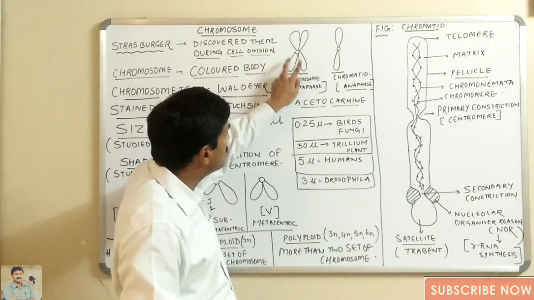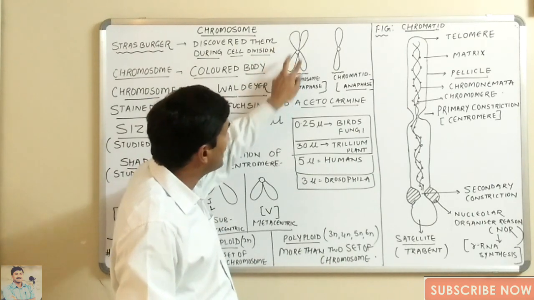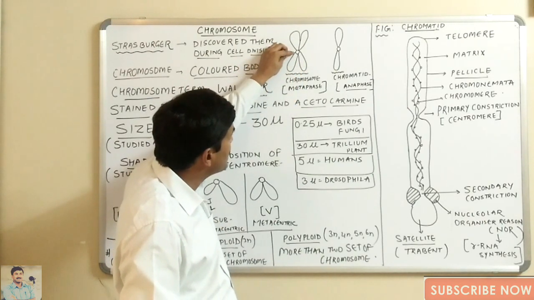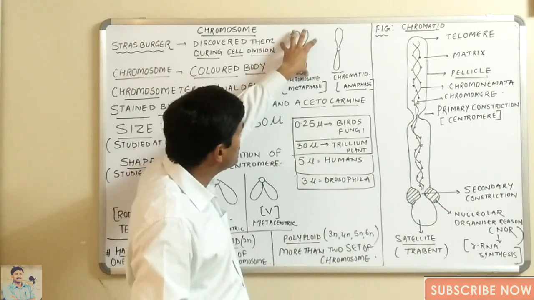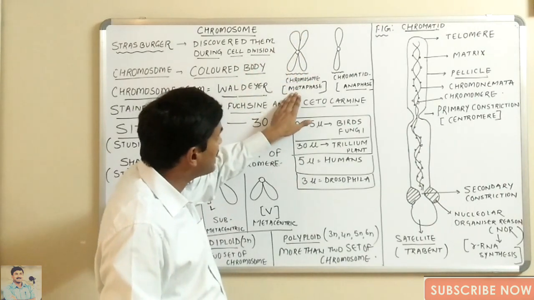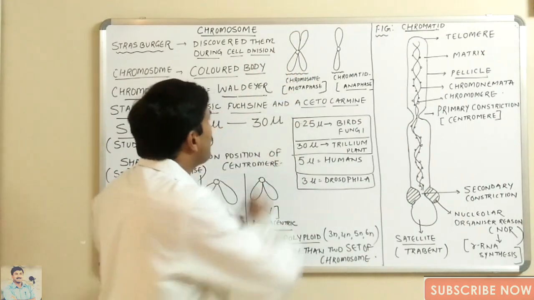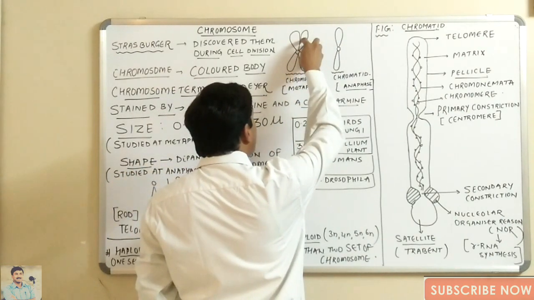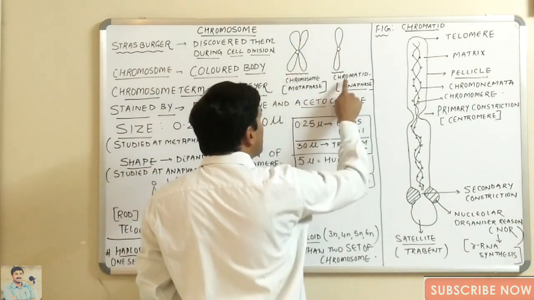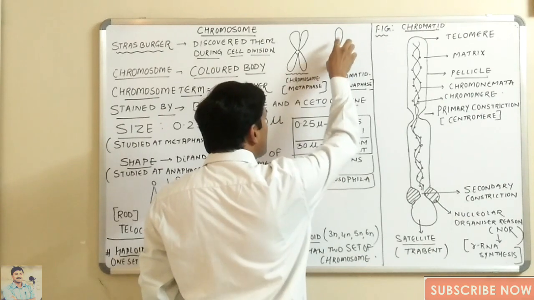The centromere. The two chromatids are attached at a point known as the centromere. So this entire structure is a metaphasic chromosome. But if I isolate one chromatid from here, then this is a single chromatid.